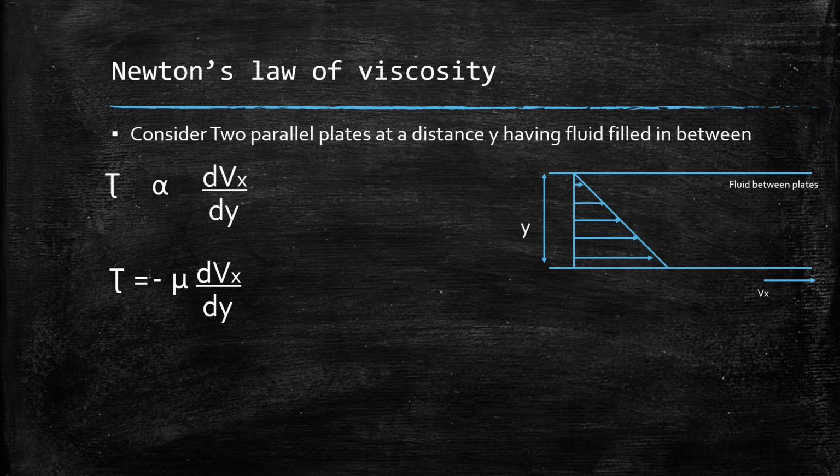So v2 minus v1 is always going to be a negative value. To compensate for that, we are putting a minus sign over there. So this mu, the constant of proportionality, is the viscosity that is responsible for having a velocity gradient.